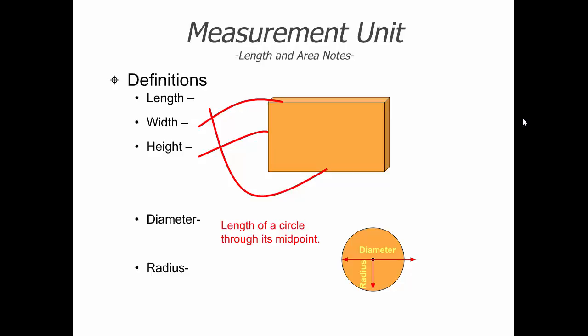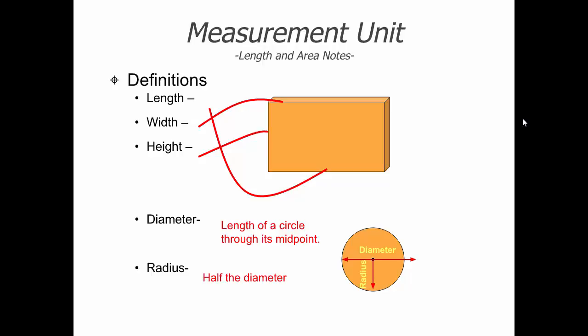So what's radius then? Diameter goes from one side of the circle to the other through the midpoint. Radius is from the midpoint to the outside. Or we can also call it the diameter divided by 2.